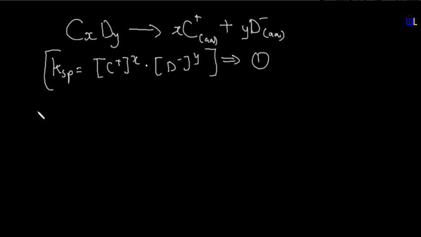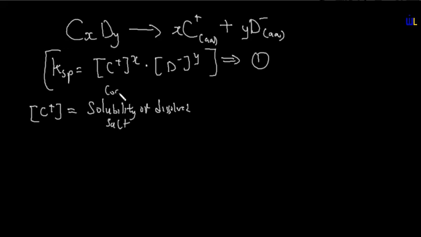Okay, so we go to the next one. Now, the concentration of any ion is equal to the solubility of the dissolved salt. If they don't say solubility, you could say concentration of dissolved salt.